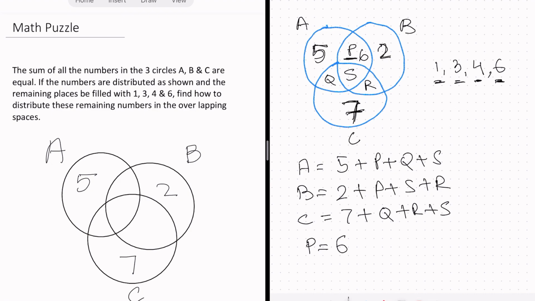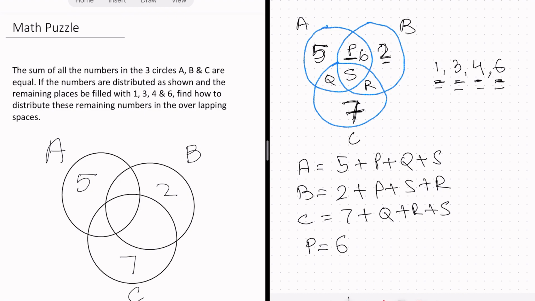Using the same logic for the lowest number, I see that B has the lowest number, 2. And within the choices, 1, 3, 4, and 6, the smallest number is 1. Again, using a little bit of logical thinking, I can assume that B would not contain the number 1. If it does, then the sums of A, B, and C would not be equal.